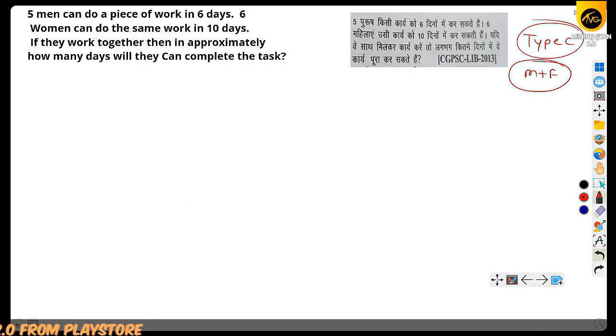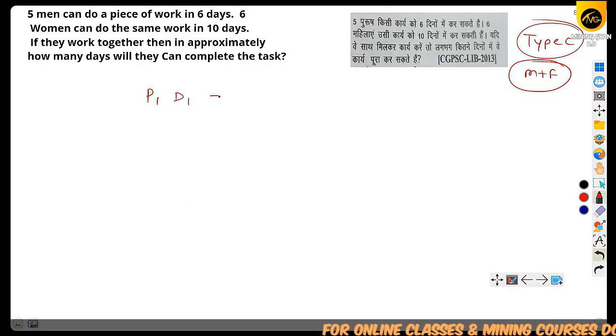Now again we have to use a similar kind of formula. For the number of persons, which may be male or female, you can use P1. The second portion is the number of days, that is D1, is equal to P2 and D2.